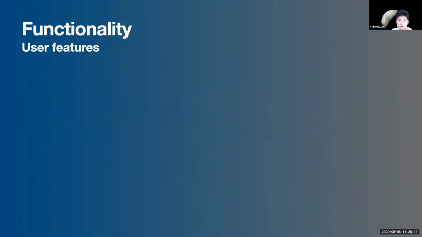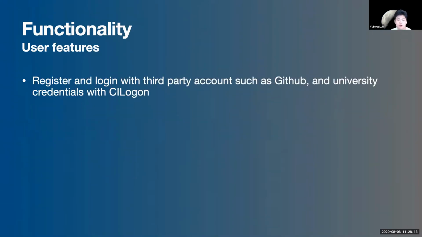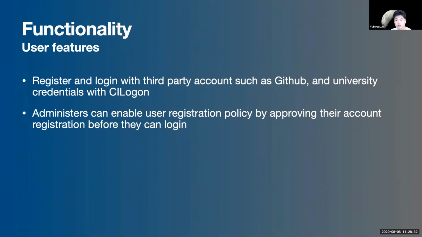The second part is some user features. We want users to register and log in with third-party accounts such as GitHub, and also university and research institution credentials using CILogon.